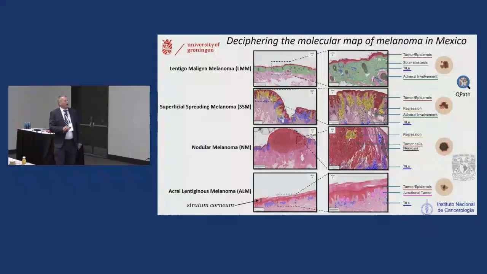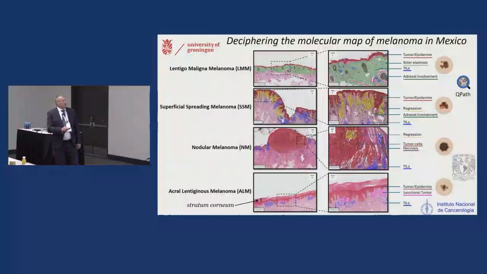As well, adnexal involvement is included. For superficial spreading melanoma, you have mostly a tumor dermis with some sign of regression and very small adnexal involvement, which is not characteristic of this type of melanoma, but can occur.